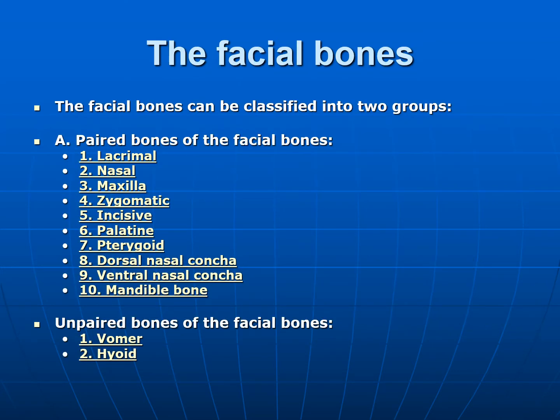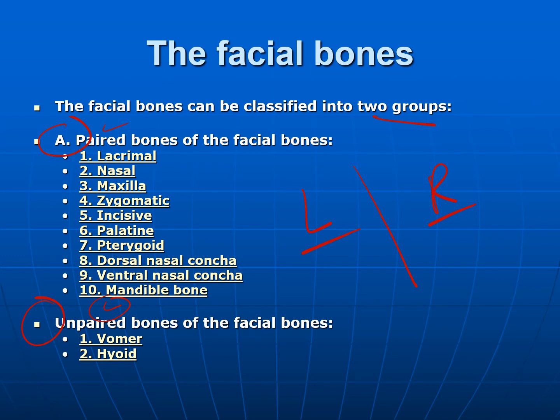For the facial bones, usually they are classified into two groups. The first group is the paired bones, and we have the unpaired. If we have a bone on the right and left side, then we call it a paired bone, and if we have only one, we call it an unpaired bone.